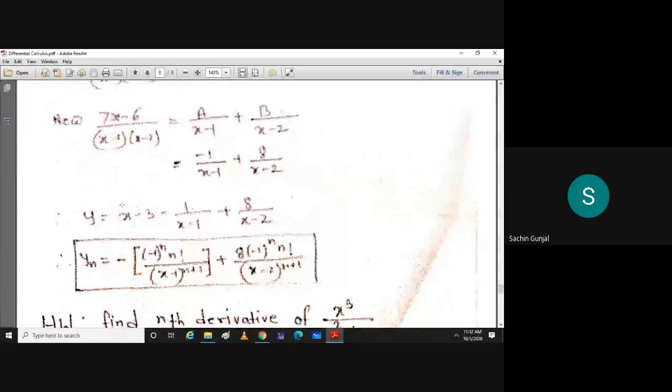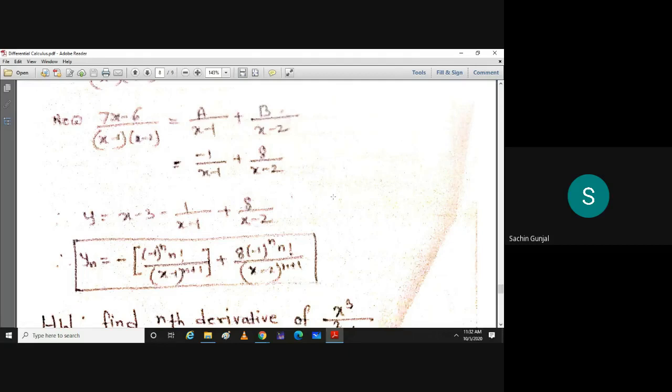She has taken its derivative as 0. Are you getting my point? Yes, sir. So you need to write first derivative separately, and then you can write yn for n greater equal to 2. So just write down y1 for this function and then yn.